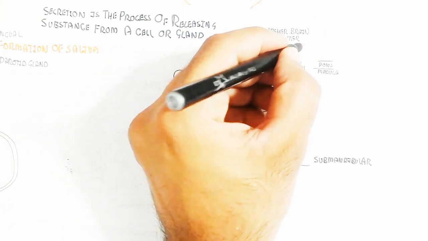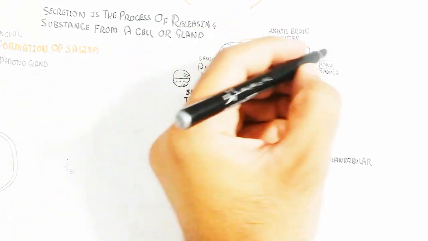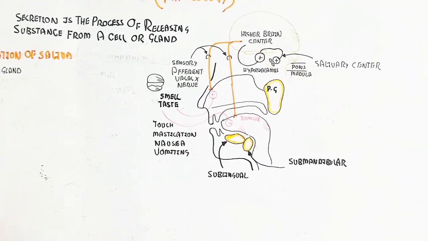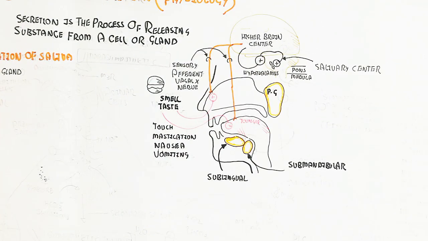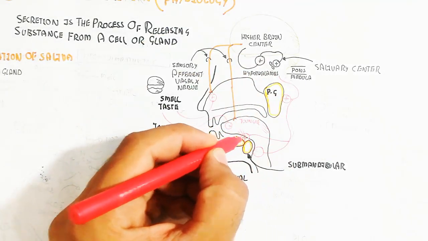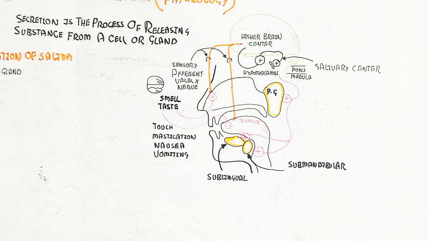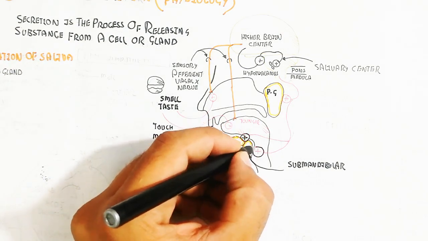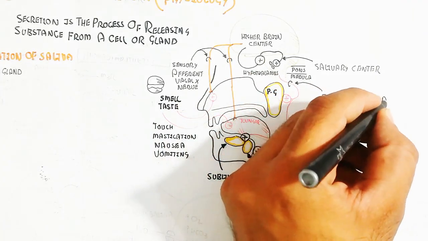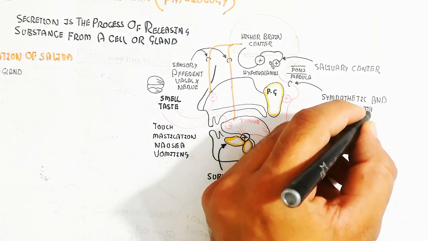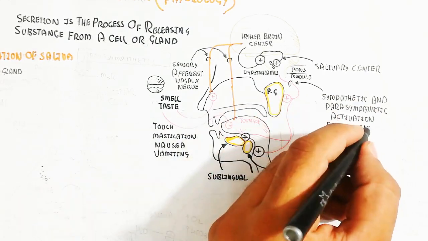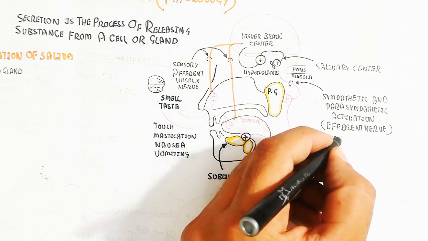So it is an afferent cranial pathway. The higher brain center then transmits the nerve impulse to the salivary center, between the pons and medulla. Here you can see the salivary center. So this is not a liquid video, it is a consolidated video.